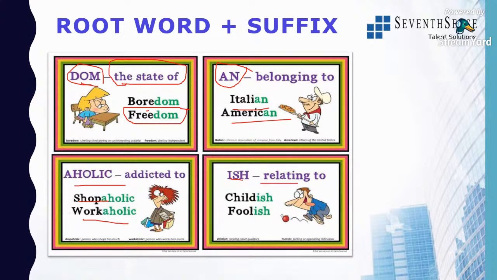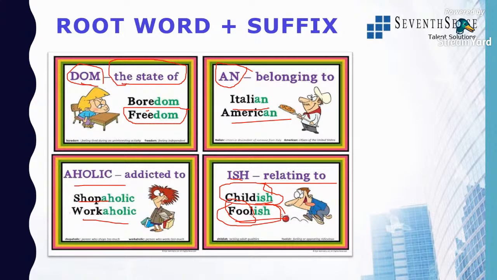Ish means relating to. Childish, foolish. Something which is related to a child, the behavior of a child, childish. The childish things, foolish things. They are relating to a fool. Fool means someone who shows foolishness, something related to that time.